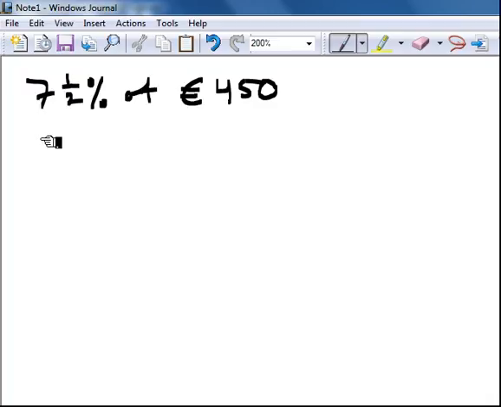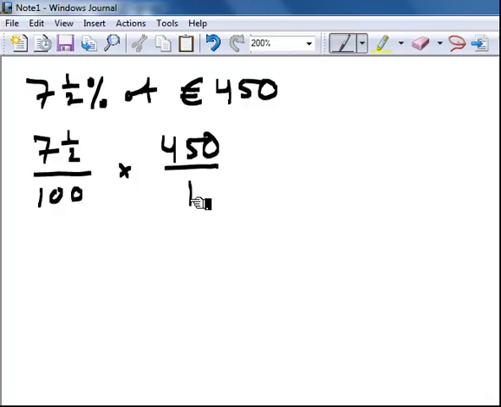Same thing as we did before. Let's write 7.5% as 7.5 over 100 of 450, multiplication. So multiply and 450 over 1.